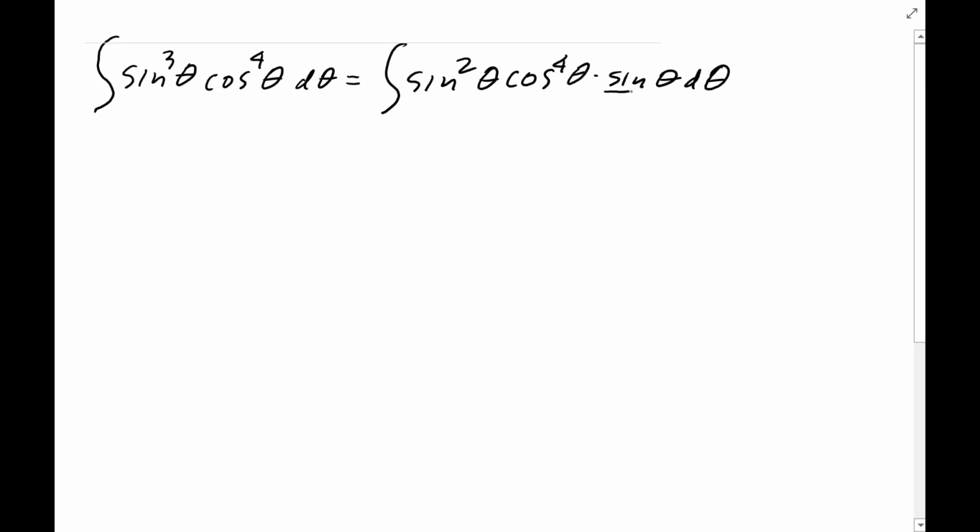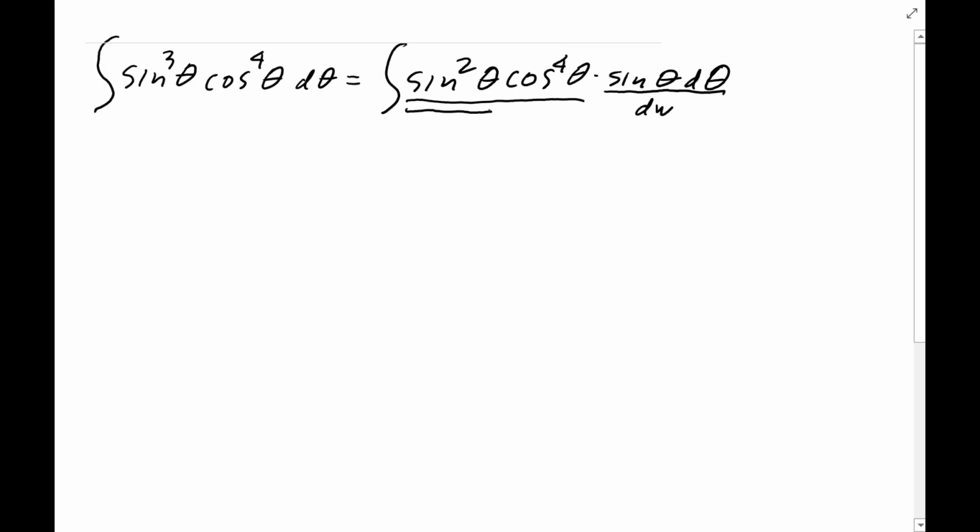Now this thing here is going to turn out to be our dw, or possibly our negative dw. So if the sine of theta is the derivative of our substitution, what is w going to be? Well, it's going to be the cosine of theta. If w is a cosine of theta, then over here all I want to see is cosines. But this is a sine squared.